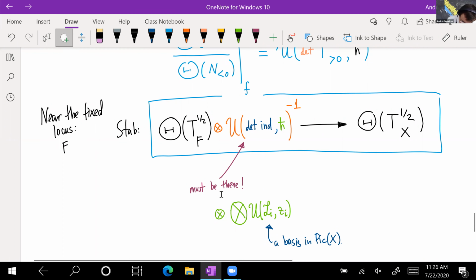I can tensor the source and target by anything I want, but this means that in this direction, this h bar will be a shift. This h bar will shift to z.